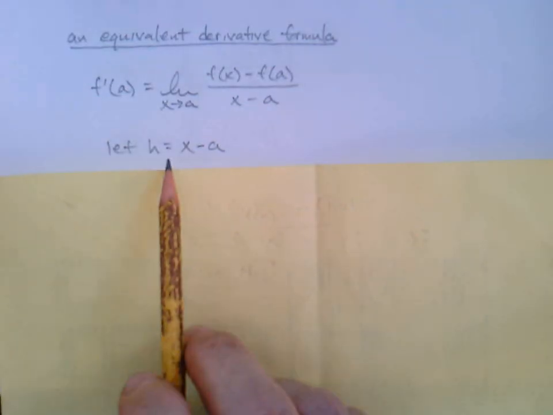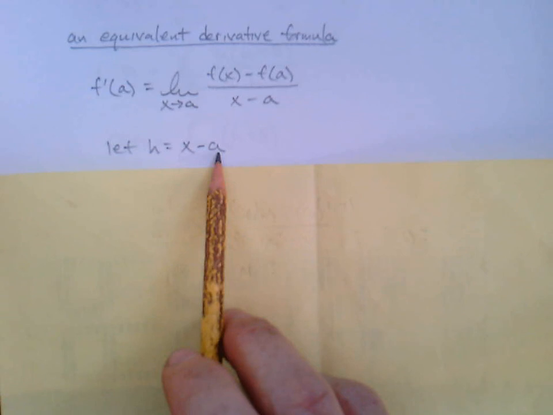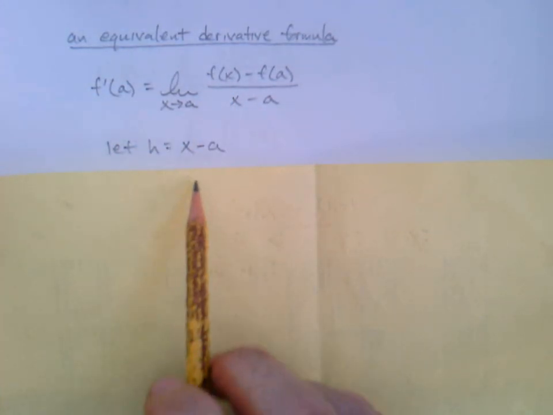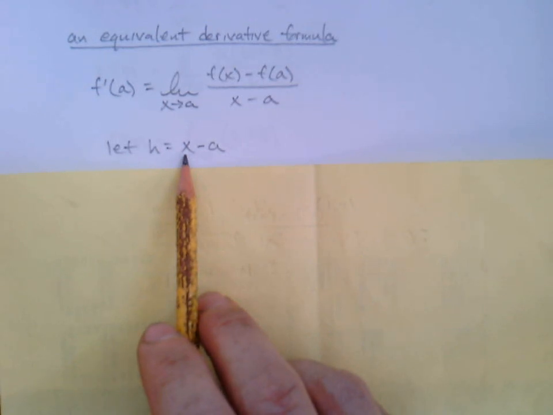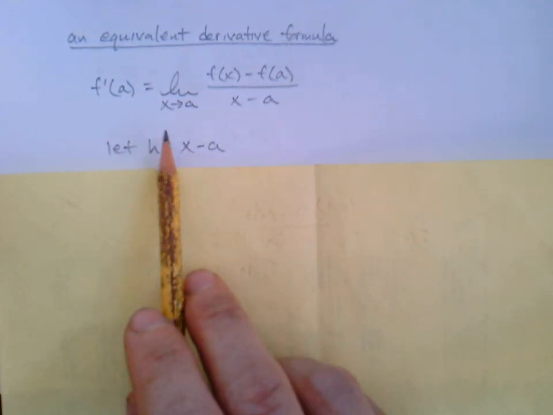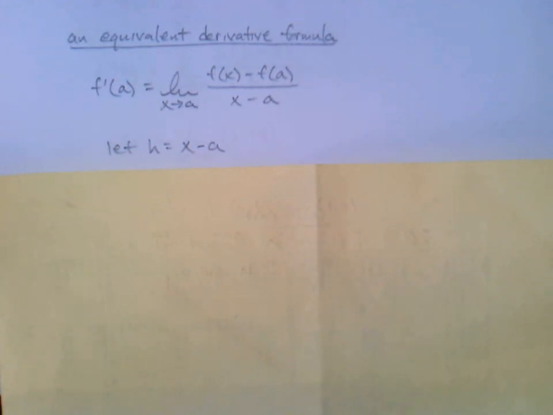Hey, if h equals x minus a, and we're going to get rid of the x's, what does x equal? If we were to isolate x here, what does x equal? You think, well, couldn't we add the a over there? And yep, absolutely.